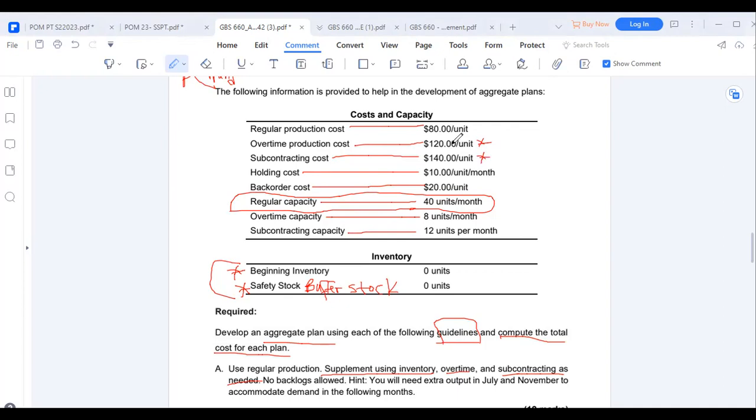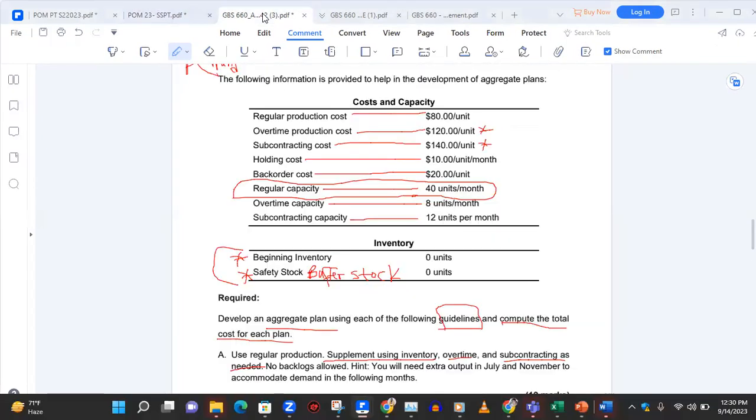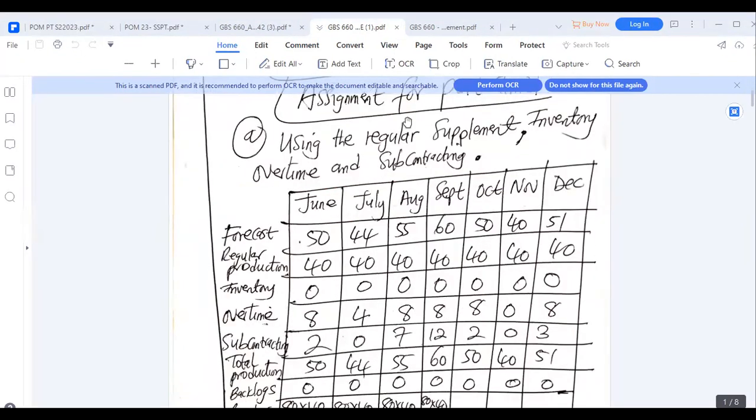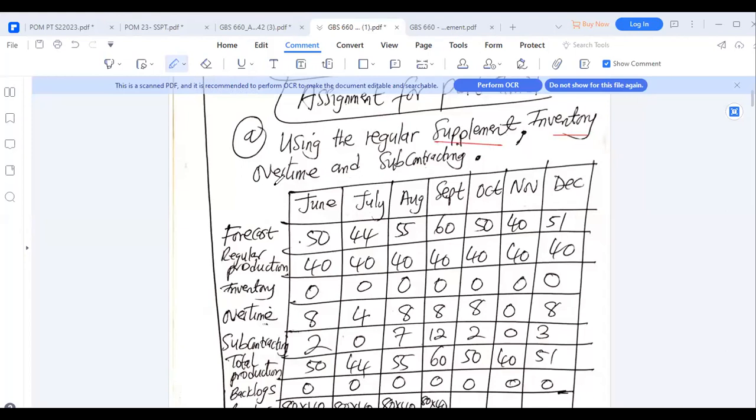So what is going to happen here is this. We are going to say, okay, you're using the regular production to supplement inventory and overtime together with subcontracting. So these are the demand forecasts. On regular production, we shouldn't go beyond 40 units per month.